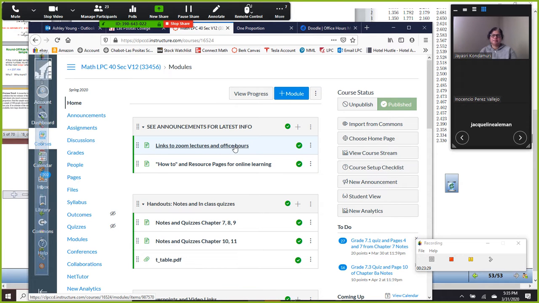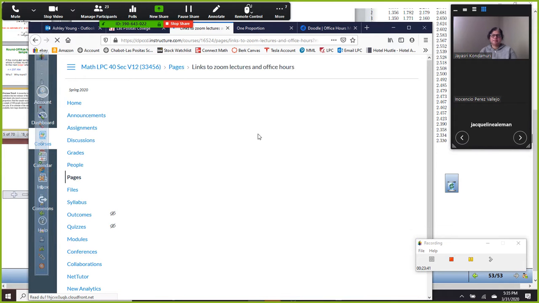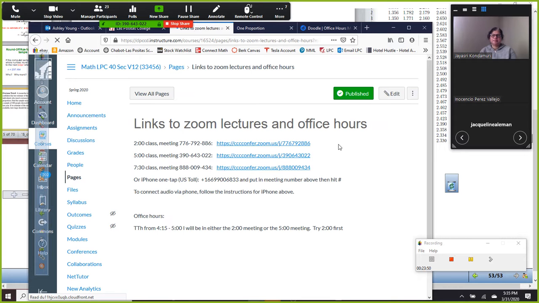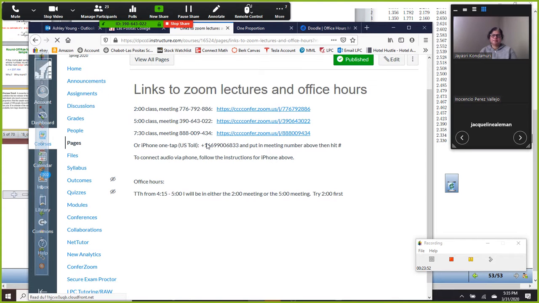If you connect your audio through your phone instead and dial in, it will make everything run faster. It's amazing. If you're glitchy, definitely do that, and it will smooth out the video and the audio.